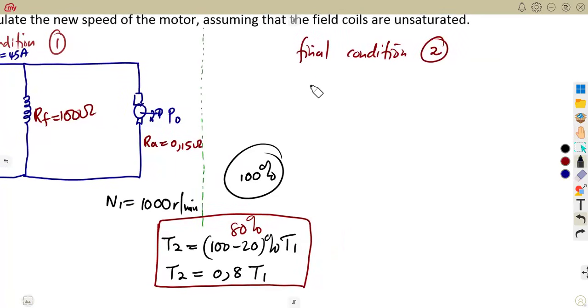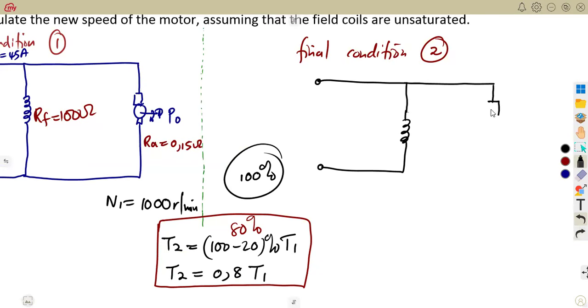So meaning to say you're going to have, as it was on the original diagram, a shunt connection as you had before. But to the armature, there's an additional resistor there.